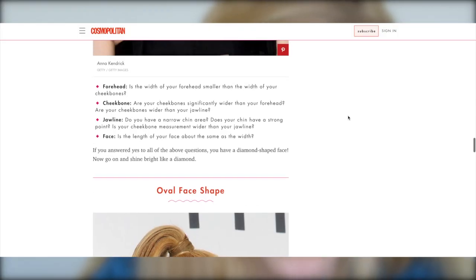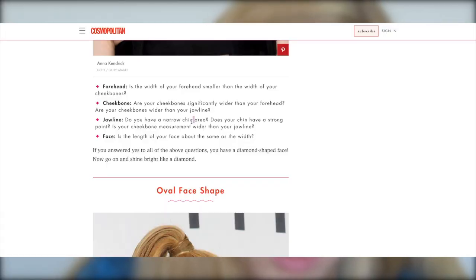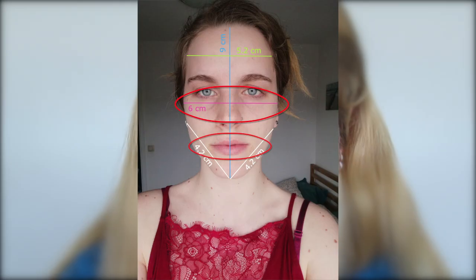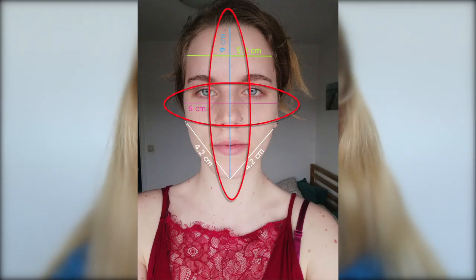Do you have a narrow chin area? What's narrow? I really don't know. Does your chin have a strong point? Well, it's pronounced. Is your cheekbone measurement wider than your jawline? Yes, it is. Is the length of your face about the same as the width? No. So I am not a diamond face shape. So on to the next one.